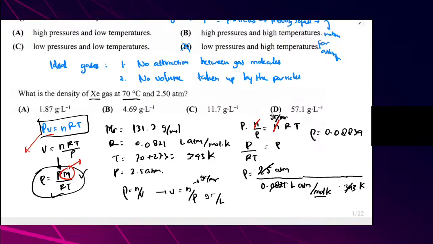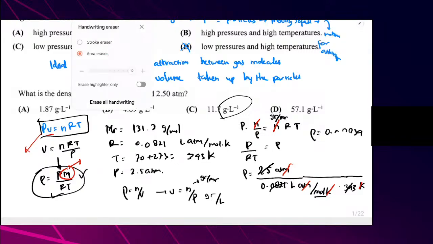However, remember we just cancel out this one, so we are still having an issue for the unit. For the mole here it is liter per mole. However, when we are dealing with the options, all of them are still in gram per liter, but we are having an issue here with liter per mole.